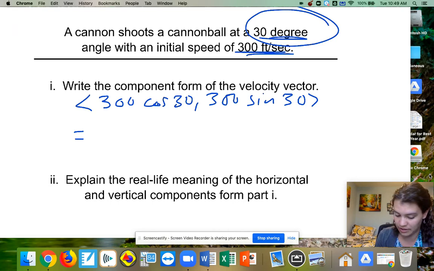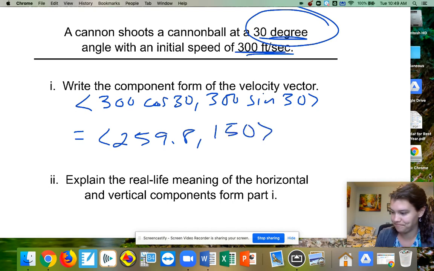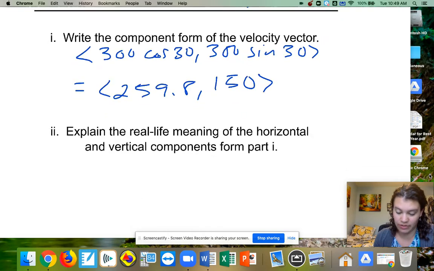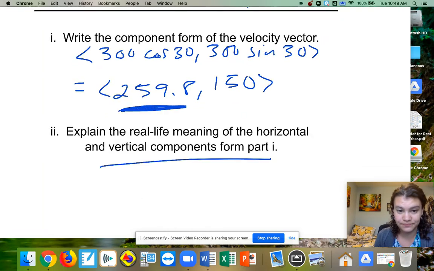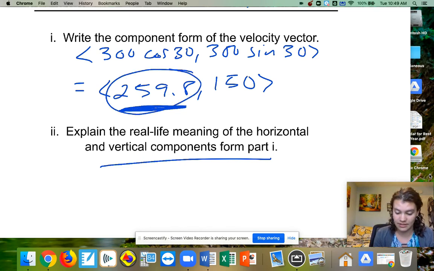So you'll end up getting 259.8 and 150. Okay, so what does this actually mean in real life? Your x chunk is saying how far you are going in the horizontal direction. Like you're throwing it up, but how far is it going horizontally, or how fast is this, and then how fast it's going up or down would be your y.